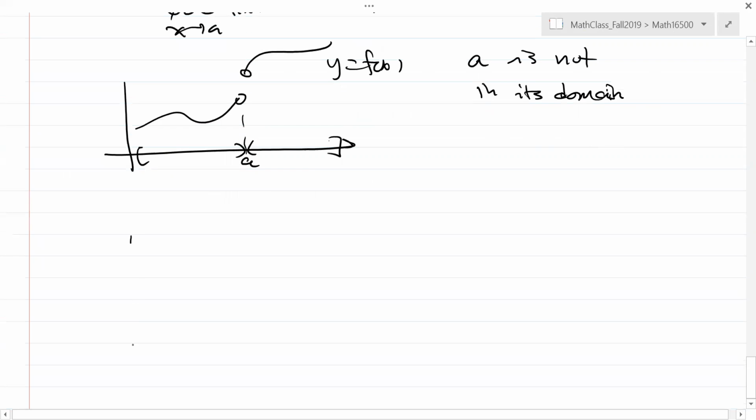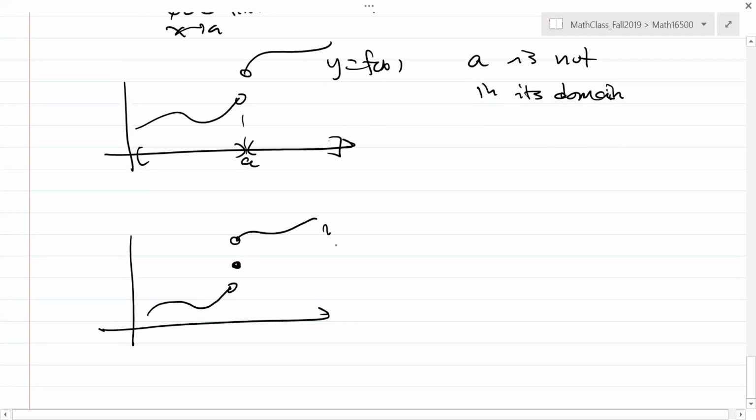Another graph is still the same, looks like that, but I put another point here like that. This is y equals f(x). In this case, A is in the domain of the function.